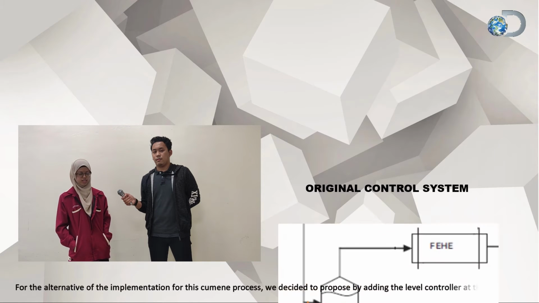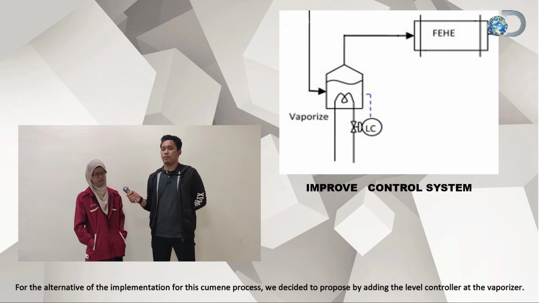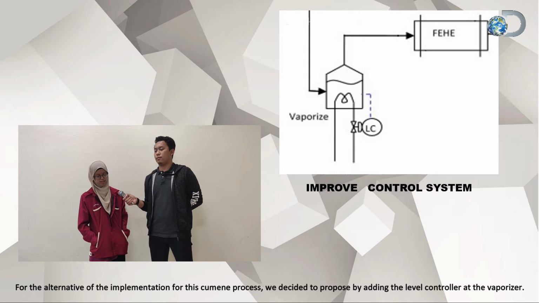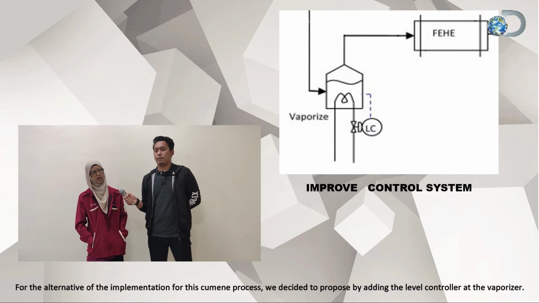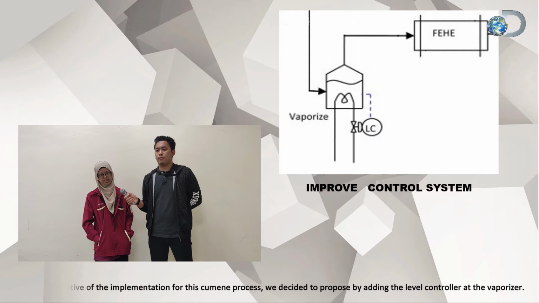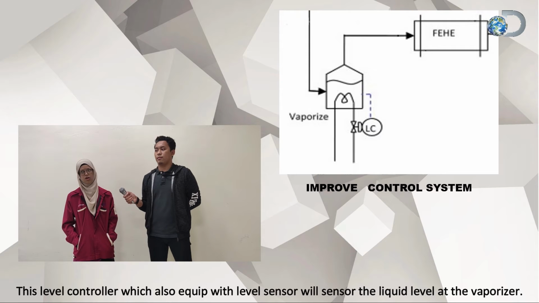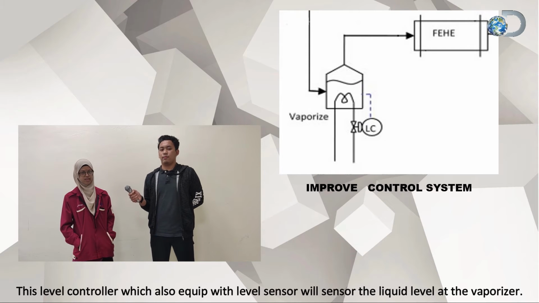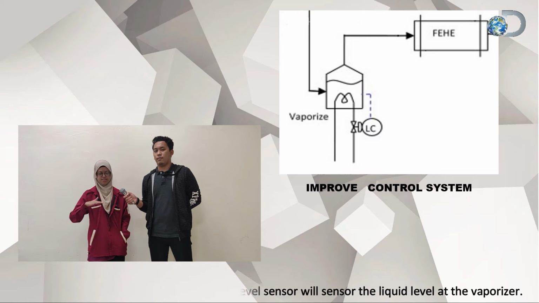First, for the alternative implementation for this Cumene process, we decided to propose adding a level controller at the vaporizer. This level controller, which is also equipped with a level sensor, will sense the liquid level at the vaporizer.